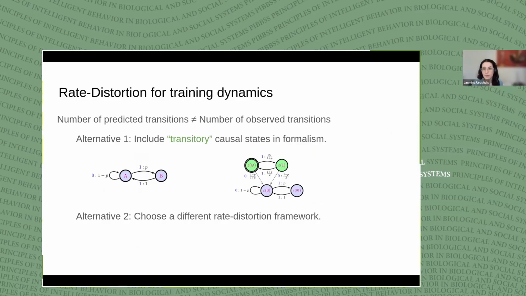The transitory states, yeah. So these states are necessary if an optimal predictor has only the consecutive strings as information. So like you have 0, 1, 1, 0, 1, 1, 1, something like that. That's all you see, and you see them one after the other.